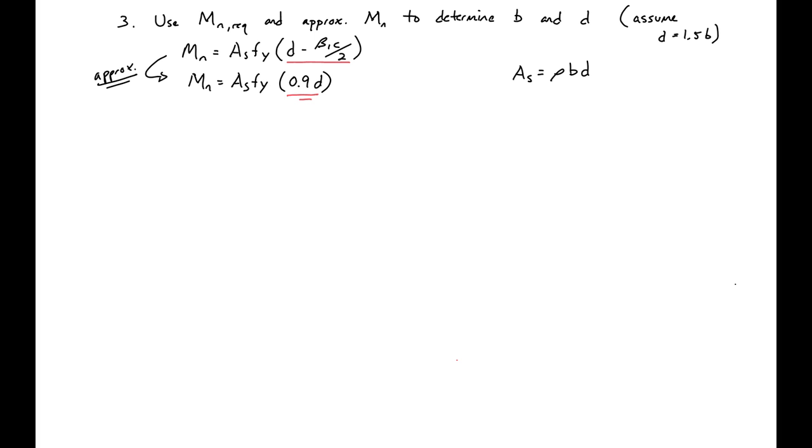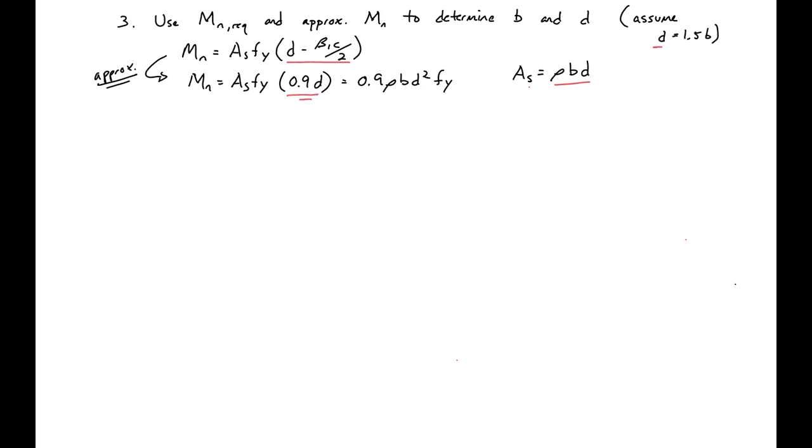We'll then plug in our row BD for AS to get our MN equal to 0.9 row BD squared times Fy.